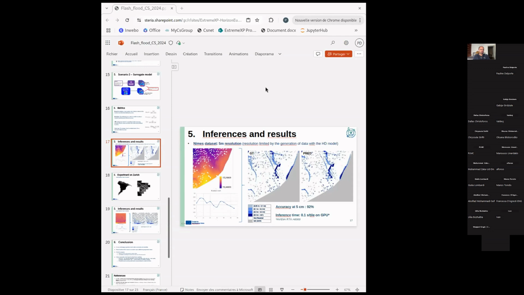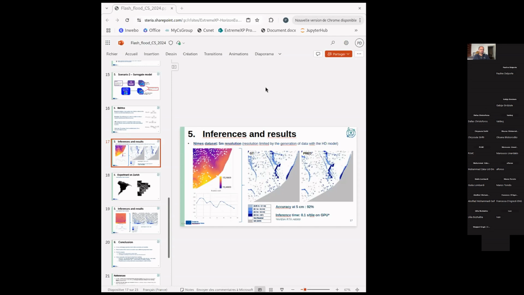But if you are in an operation or in a crisis situation, we really cannot use the hydrodynamic model, because even if we are optimizing it, it was taking like 12 hours and now it's taking 8 hours, so we already are working on that. But still, I don't think it will reach only a few minutes, for example. So it totally depends on the situation.